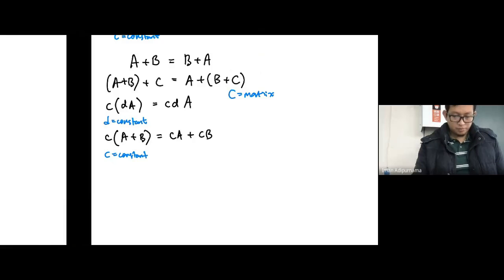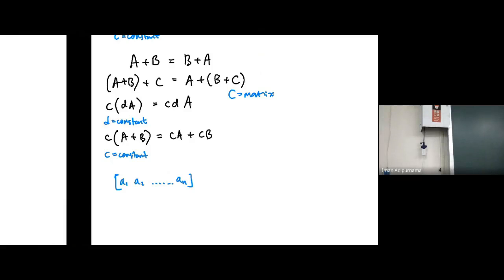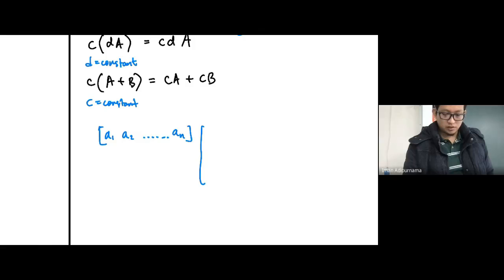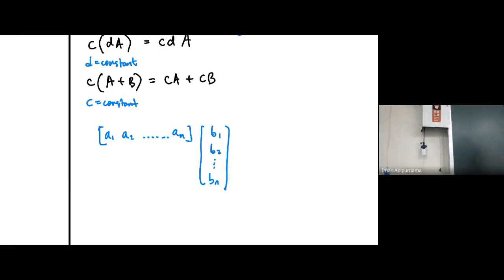And how do you compute if you are doing all this algebra in matrices? Let's say we have A1, A2, until An, and you get a row. And you get, for example, B1, B2 until Bn. Multiplication in matrices works by multiplying the row and adding with the column.